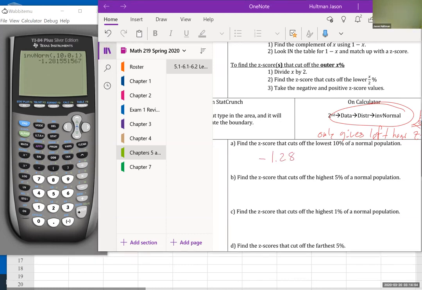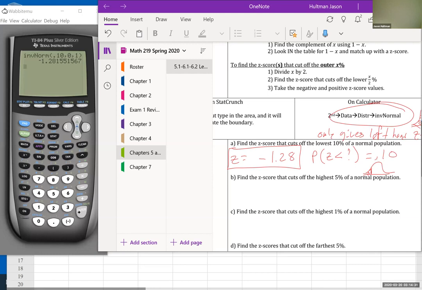That's the z-score. Z equals negative 1.28. What we're basically asking is the probability that z is less than what is equal to 0.10. And that z that we found was negative 1.28. So everything up to negative 1.28 is in the lowest 10%.